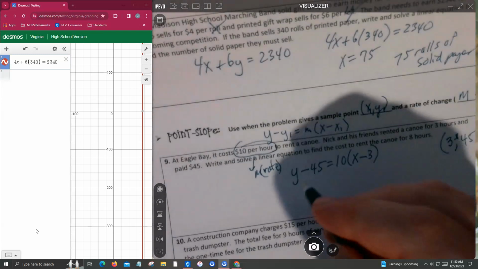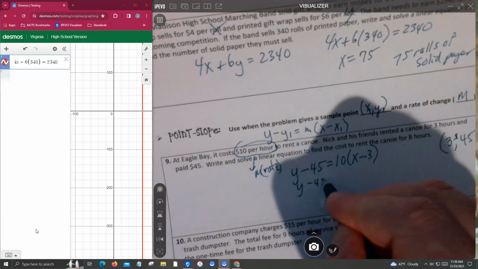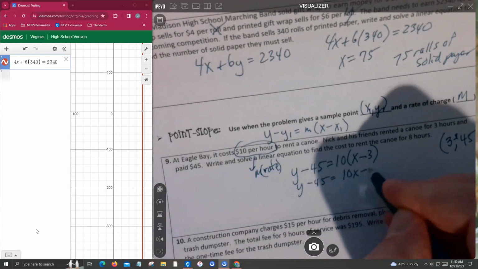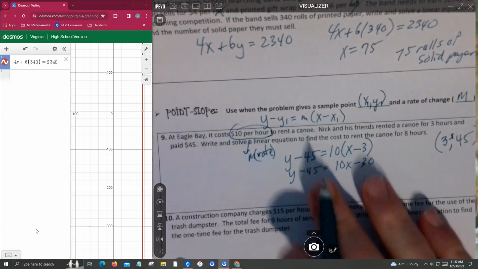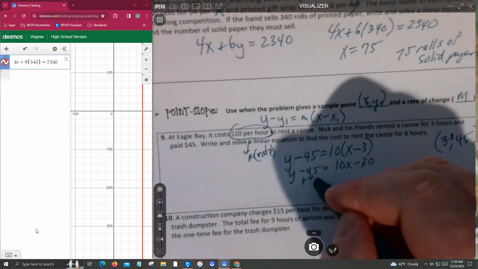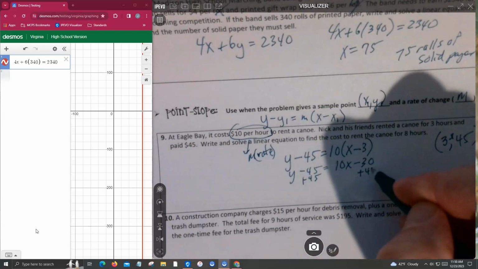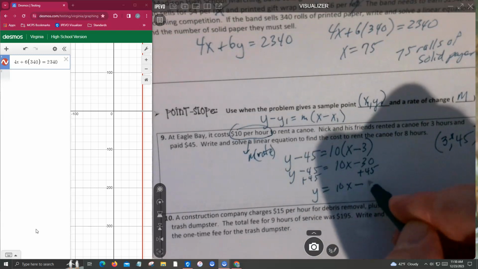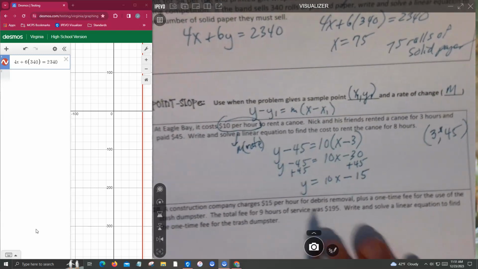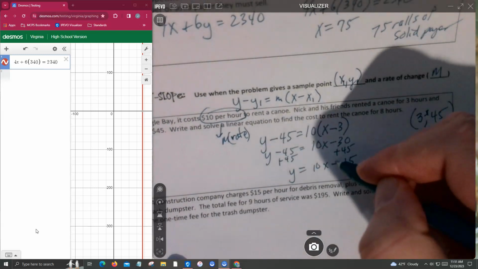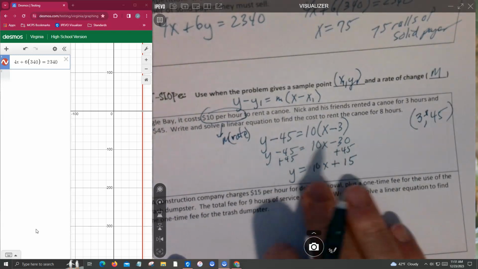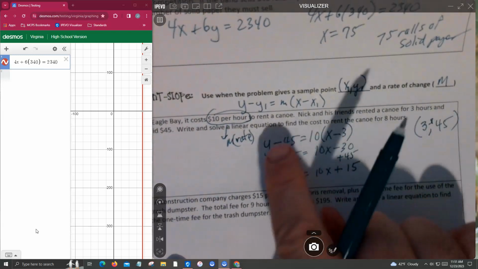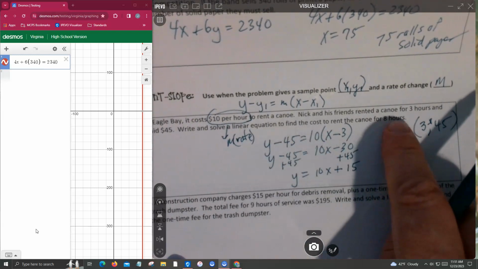Okay, so let's clean that up. y minus 45 equals 10x minus 30. Bring the 45 over by addition. y equals 10x plus 15. So that's where we're at now, and it says how much would it cost to rent for 8 hours?